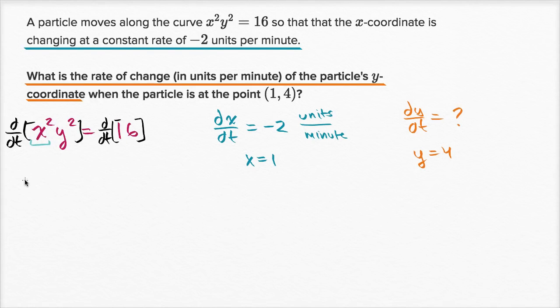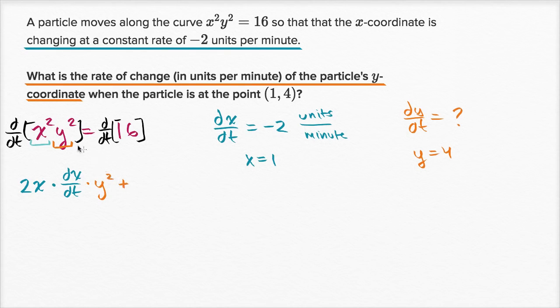That is 2x. And remember, we're not just taking the derivative with respect to x, we're taking the derivative with respect to t. So we're going to have to apply the chain rule. So it's going to be 2x times the derivative of x with respect to t, so times dx/dt. And then we multiply that times the second function, so times y squared.